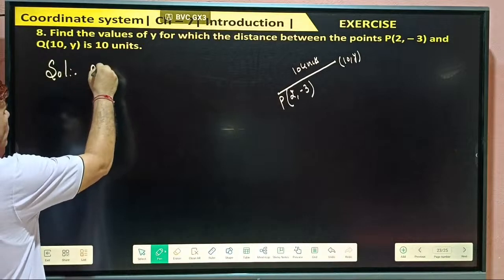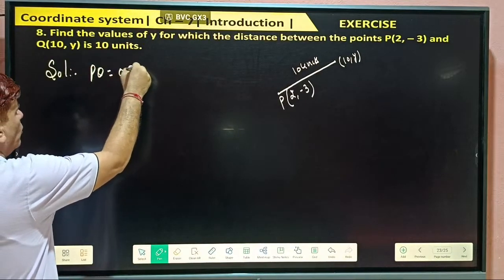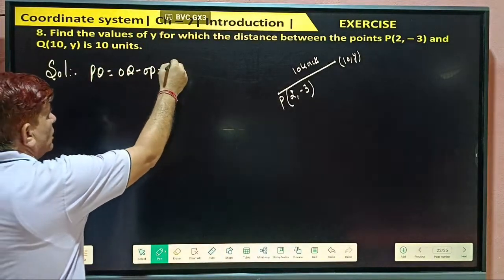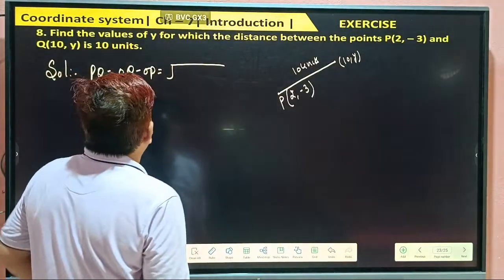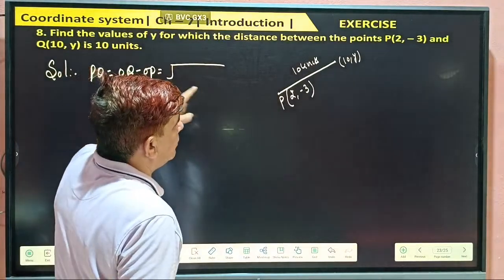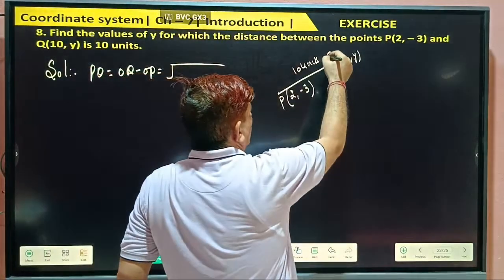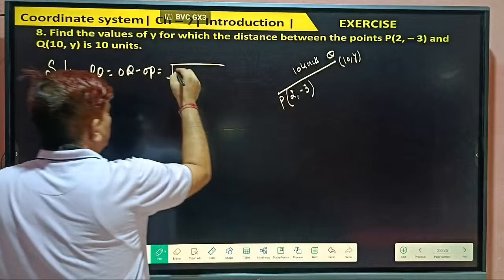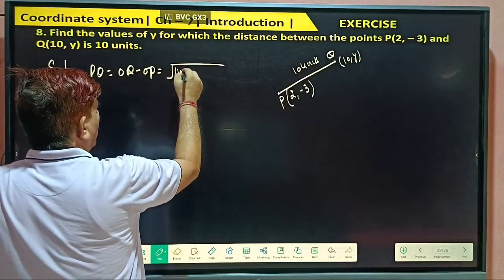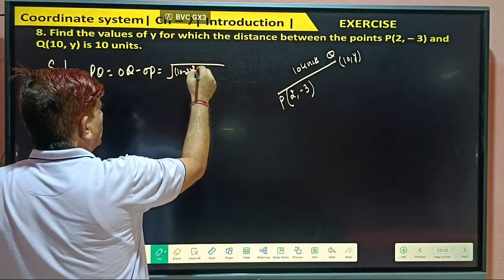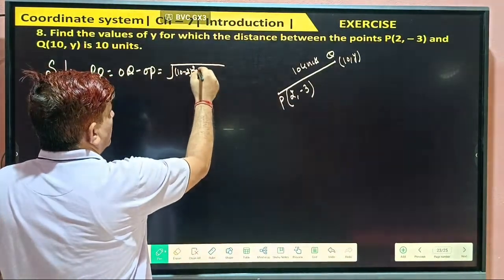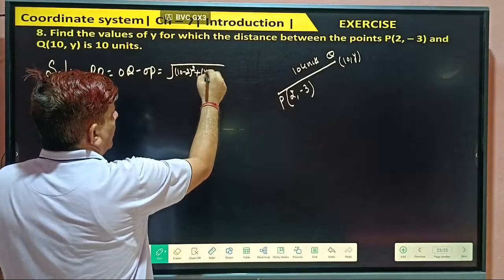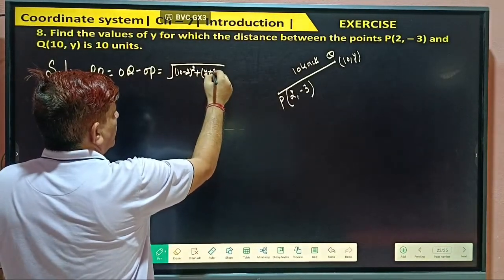So PQ equals the square root of (10 minus 2) whole square plus (y minus (minus 3)) whole square.